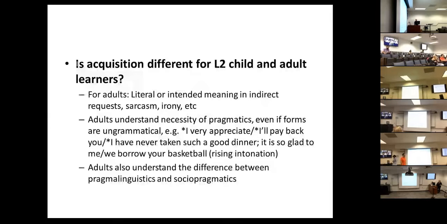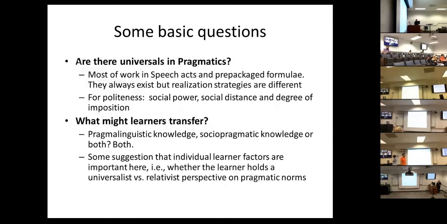This is a good example of a universalist versus relativist perspective. A relativist perspective would say, okay, I'm not less of a person because I'm doing this in a different pitch. It doesn't mean that in Japanese when I speak Japanese.